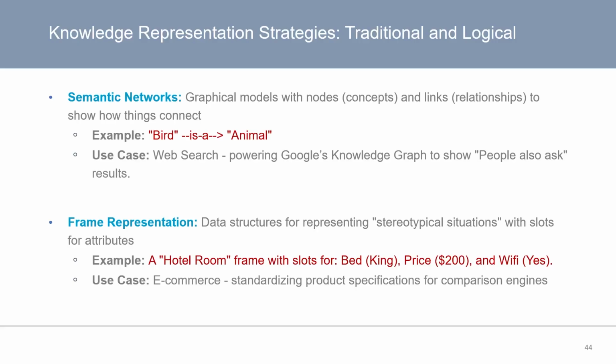For example, we could have a hotel room frame with slots for bed being king-sized, price being $200, and Wi-Fi being a yes. Such representations might be used in e-commerce, for example, in standardizing product specifications for comparison engines.